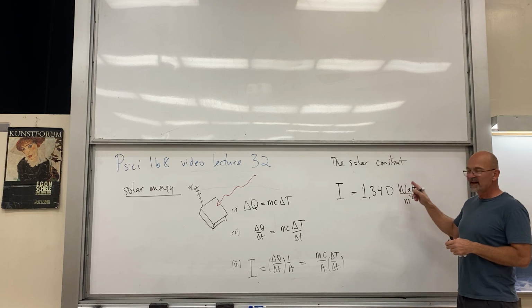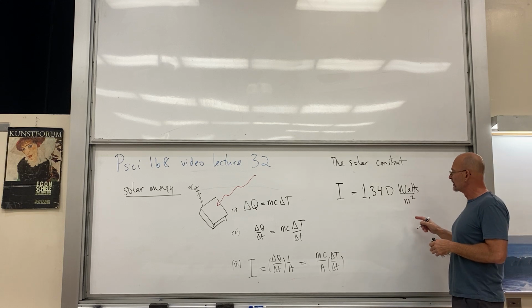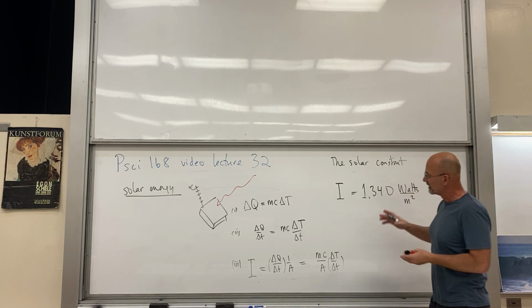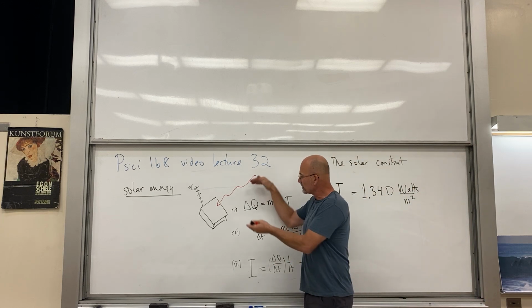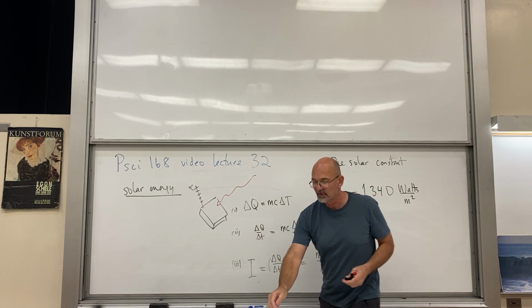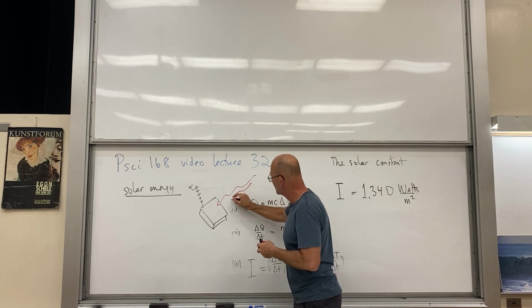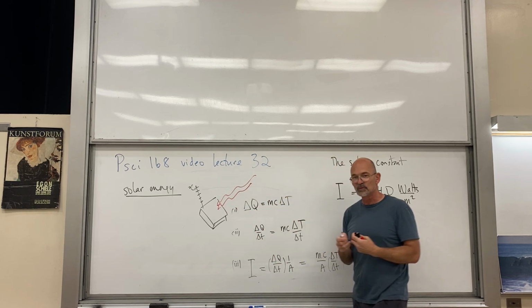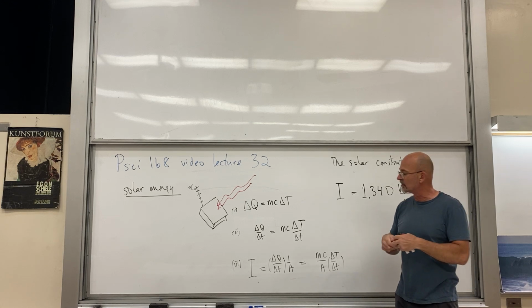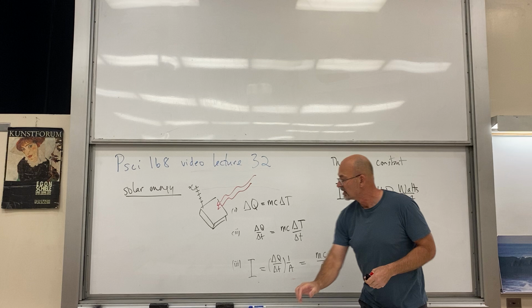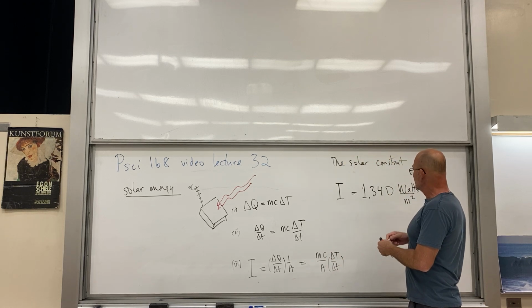And of course, a watt is a joule per second, so we can use this, and that's how much solar radiation is coming in. We can use this to determine how much solar energy we'll be obtaining under various and assorted circumstances. Good, so that's where we had gotten.